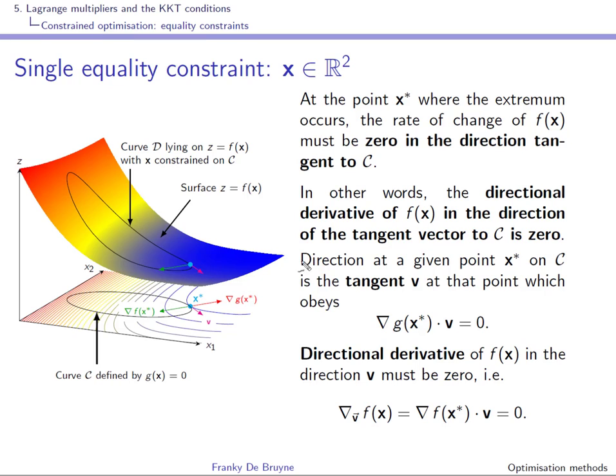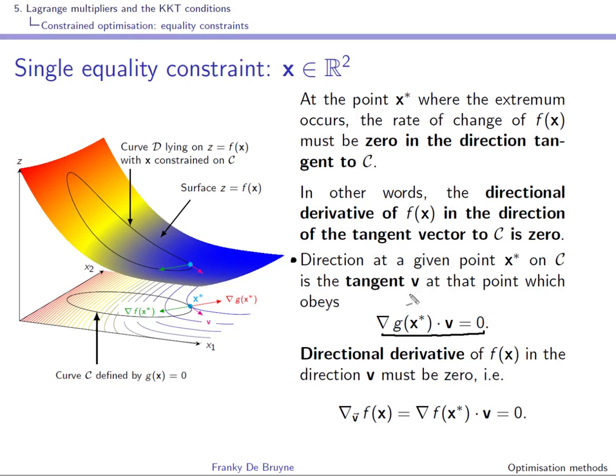So the first thing that we should do is define this direction tangent to the curve C in x star, and it is defined by this equation, right? Because we know that the tangent vector is perpendicular to the gradient of g of x in x star.